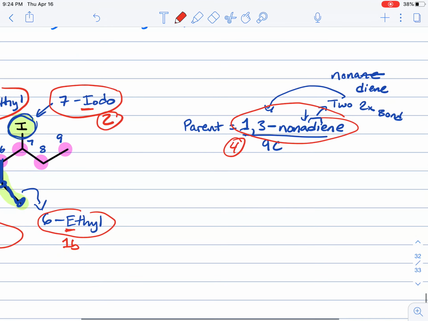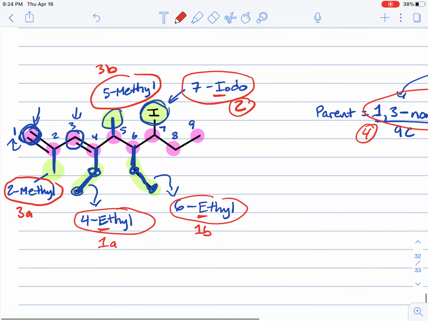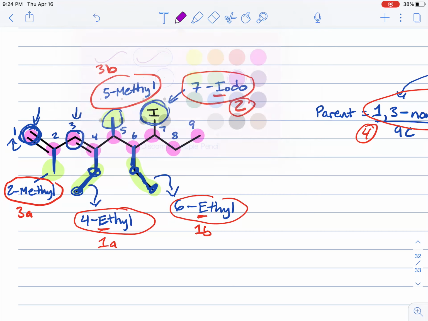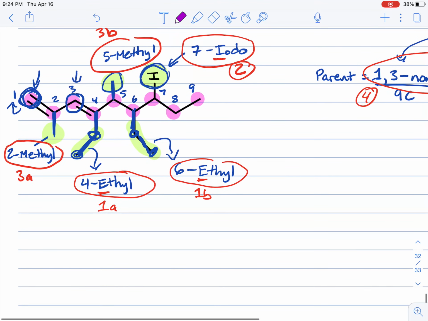Okay. So now that I have all the pieces, I'm going to go ahead and start putting them in order as I numbered it. So I have 4-ethyl that's going first. And I'm going to combine that with the 6-ethyl. And so I need to change, and I need to put this together. So I'm going to put in 4,6-diethyl.